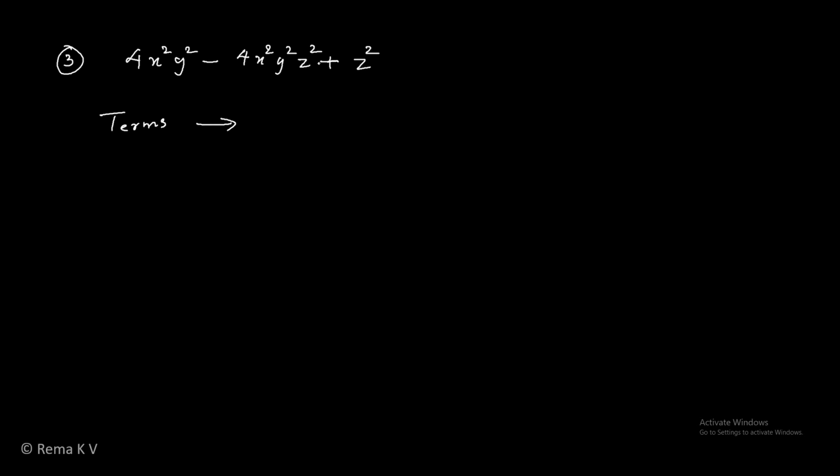Here how many terms? 3 terms in this expression. First term, then this is the second one, and this is the third one. So you have to write the terms as 4x square y square, then minus 4x square y square z square, and then the third term is z square.